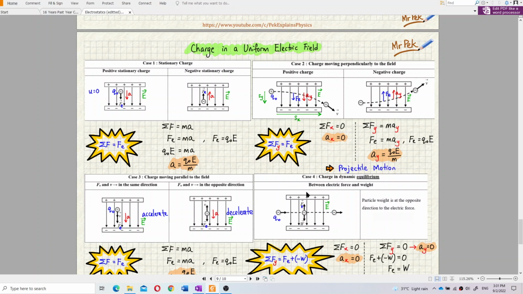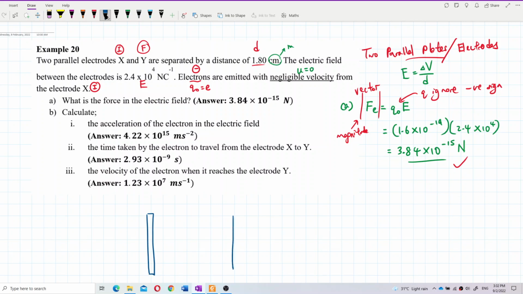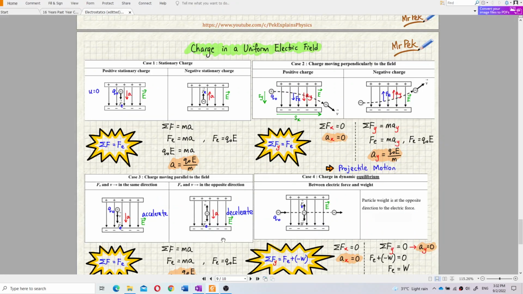Look carefully. Let me draw out the situation. I draw the two parallel plates first, horizontally, because I want to relate to this case.